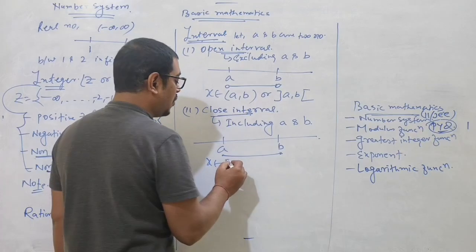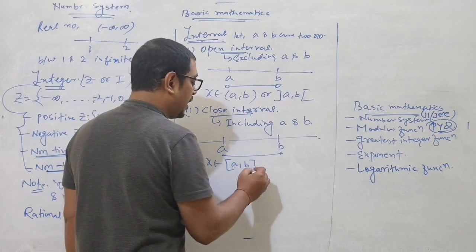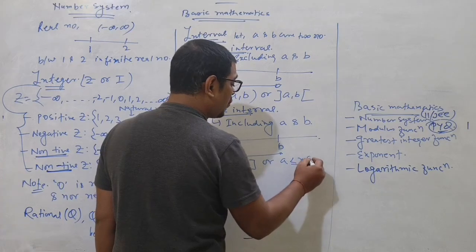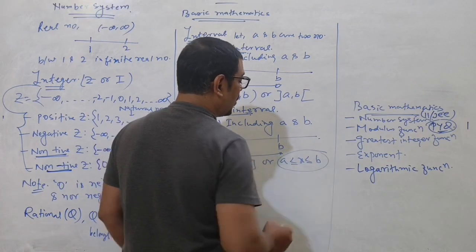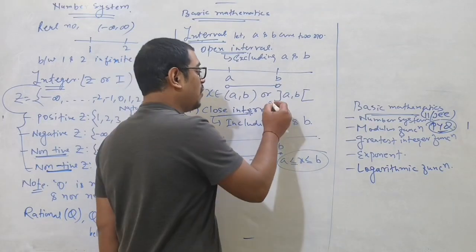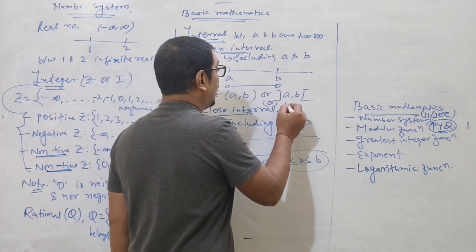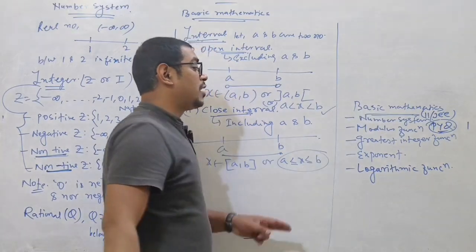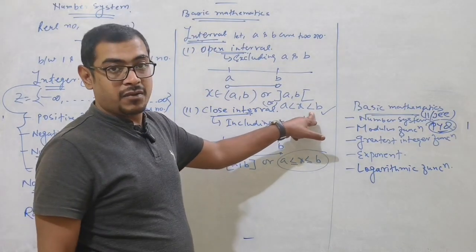So what can you write? Big bracket of a and b, or this is also a method of writing: x greater than or equal to a and less than or equal to b. Here you can also write a less than x less than b, but here equal to sign we will not give.